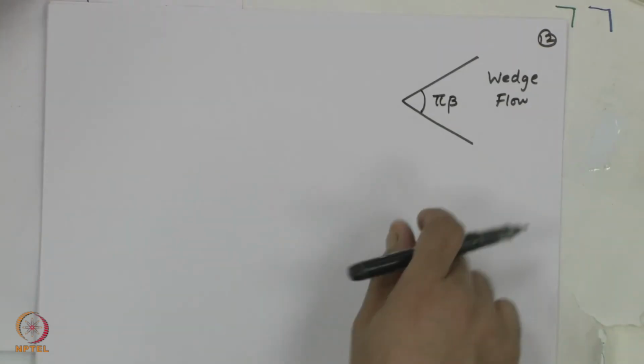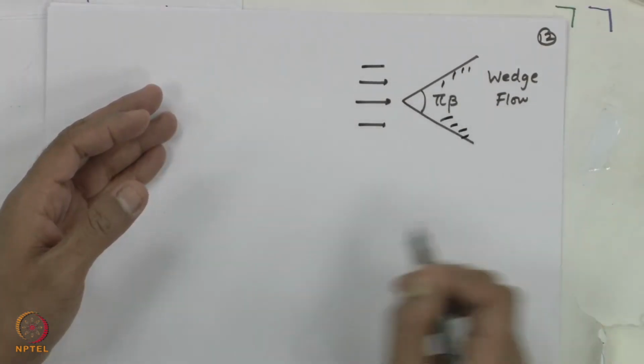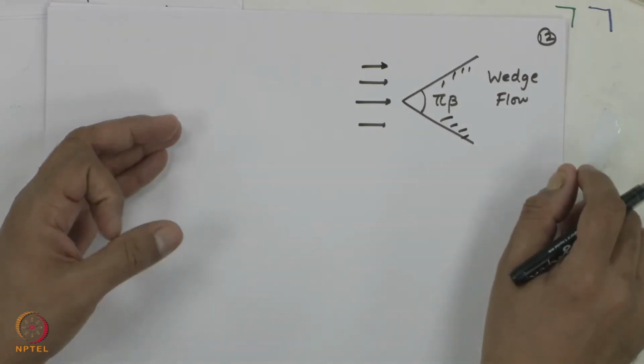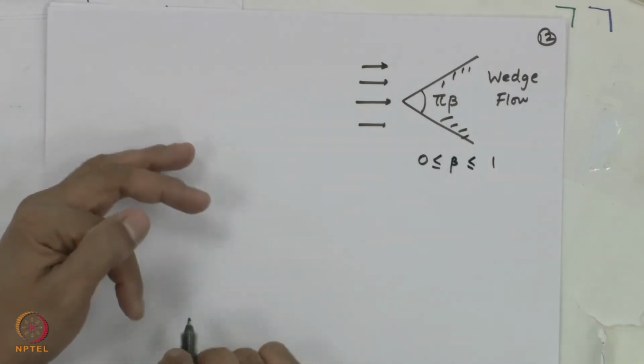It is like a V which is tilted, and the flow is coming this way. So, this is the solid, and the flow is coming this way, and the central angle is pi times beta, with 0 less than or equal to beta less than or equal to 1.